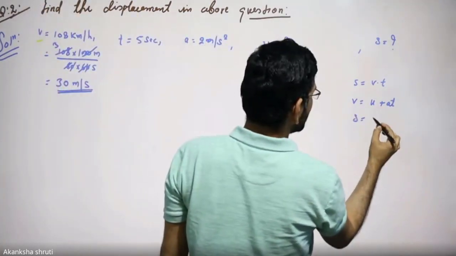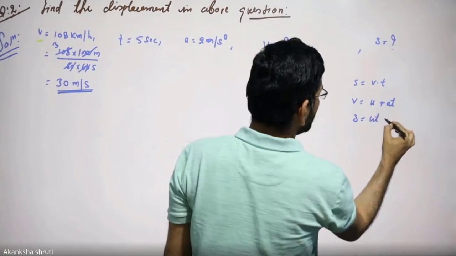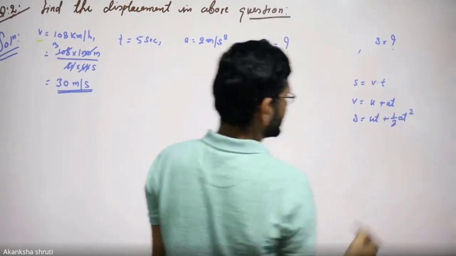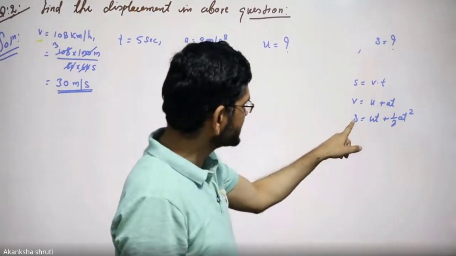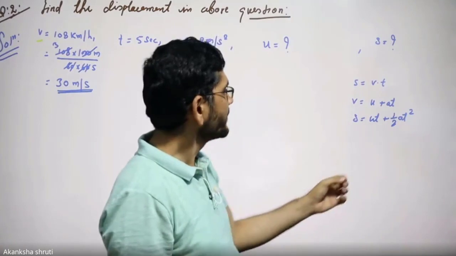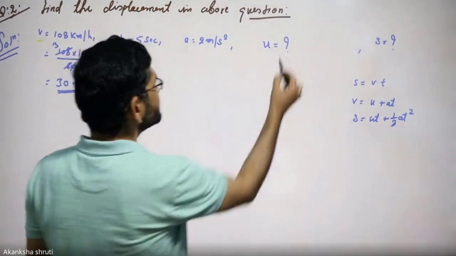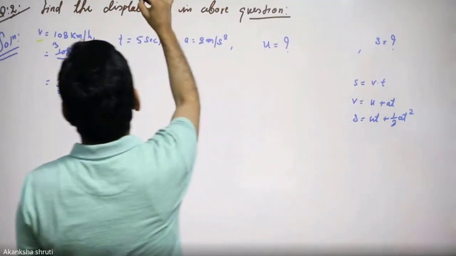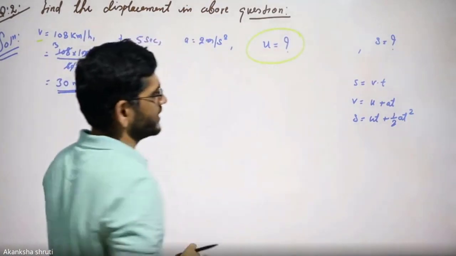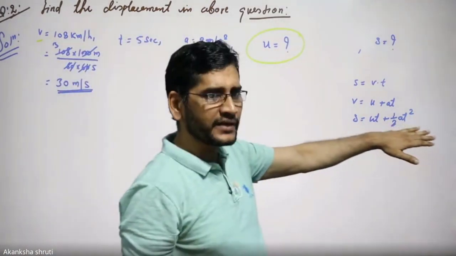Another: displacement S is equal to UT plus half AT square. Yes, it appears that this can be used. But if U is not calculated till now, then this cannot be applied.